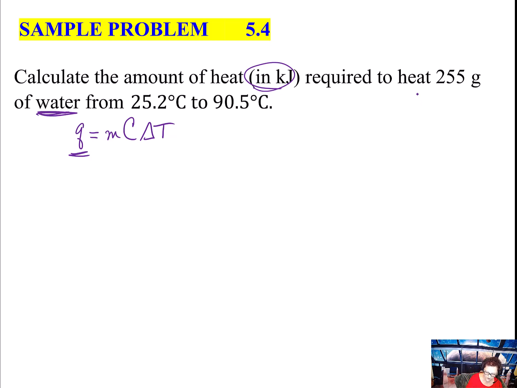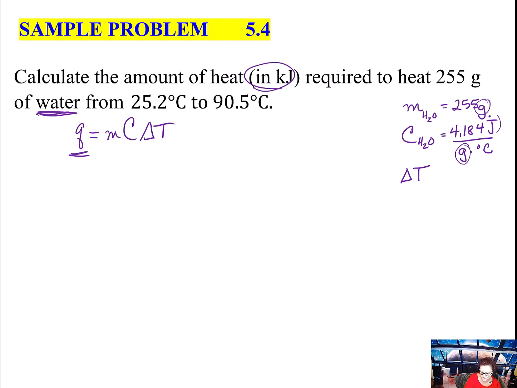So in this problem, the mass of water is 255 grams. I know the specific heat of water is 4.184 joules over gram times degree C. Notice I've got grams and grams.